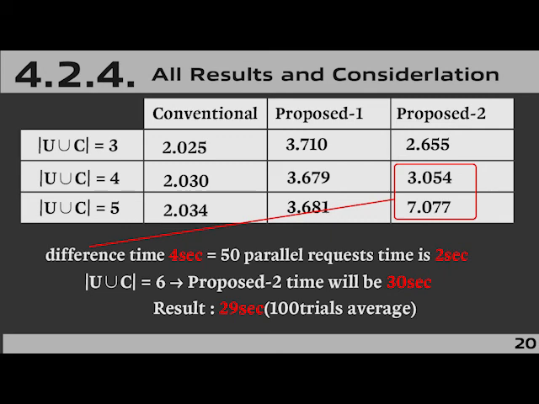Therefore, it is expected that the whole process will be completed in 30 seconds or so. And the average execution time of 29 seconds was obtained under the same conditions as in the evaluation experiment.